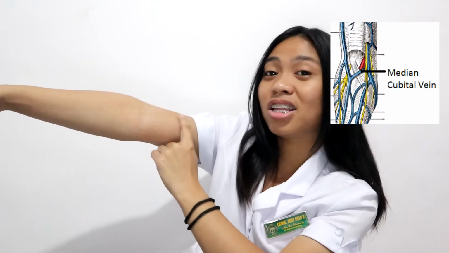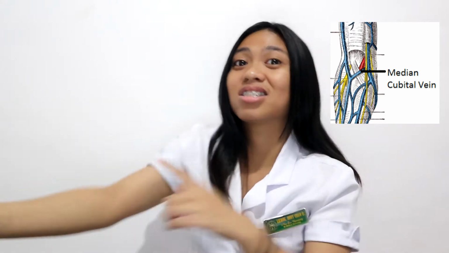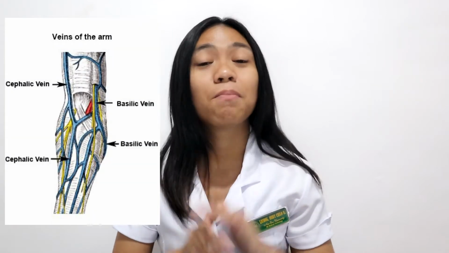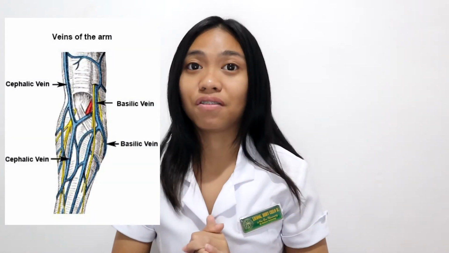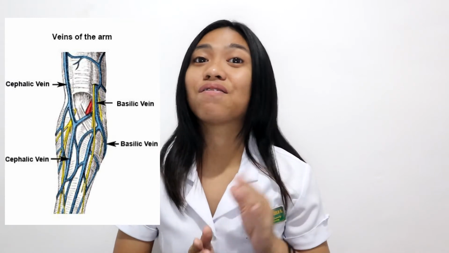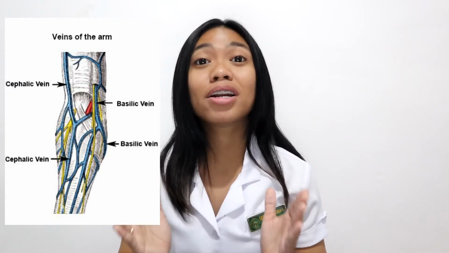It is found here in the middle. It is superficial, meaning it is on the surface of the skin, and serves as an anastomosis between the cephalic and basilic veins, meaning that the cephalic and basilic are connected at the elbow by the median cubital vein.